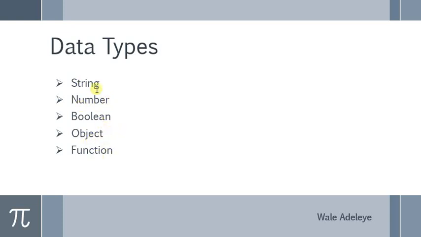For a string, you saw an example when we had a variable called name, and we assigned John to it. John is a string. In JavaScript, anything you put within double quotes or even single quotes is a string.